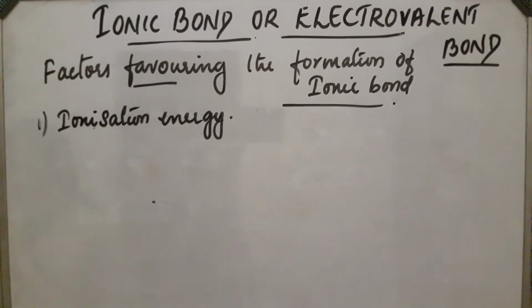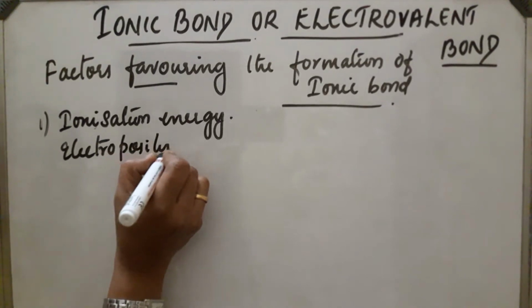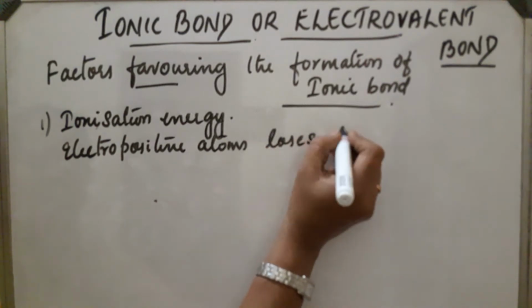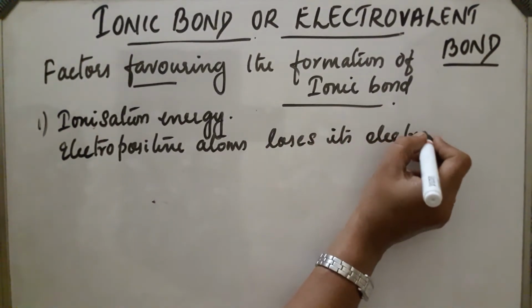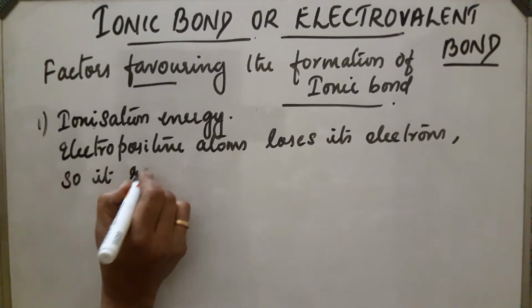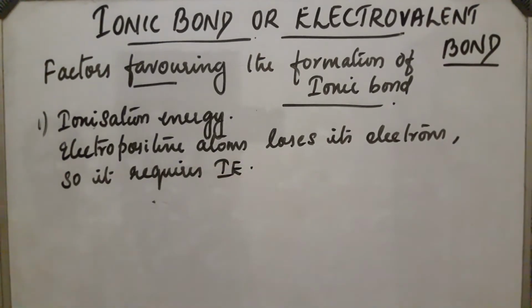So during the formation of ionic bond, the electropositive atom loses its electron, so it requires ionization energy. Okay, so the lesser the ionization energy, the easier will be the electron removal. So lesser ionization energy means the ionic bond can be formed more easily.